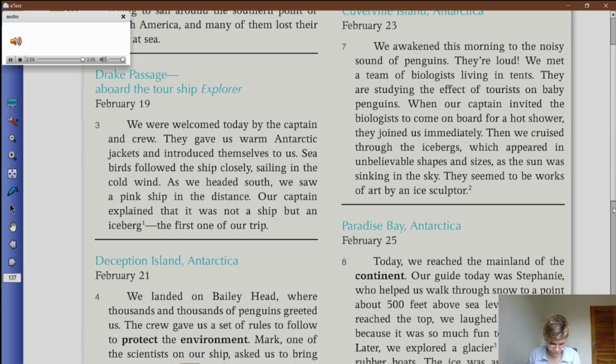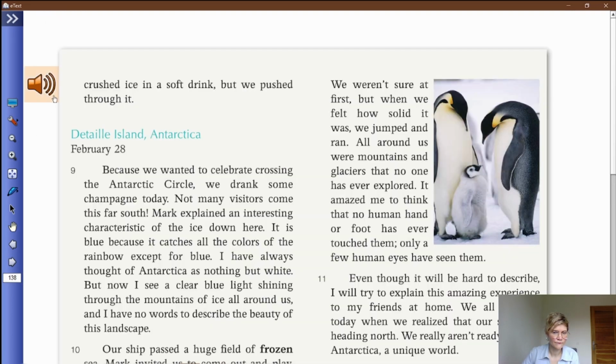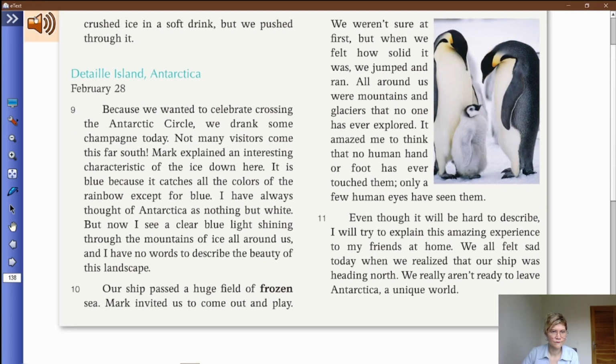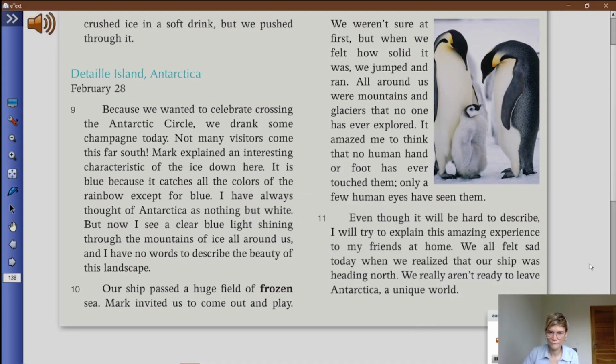The ice was as thick as the crushed ice in a soft drink, but we pushed through it.